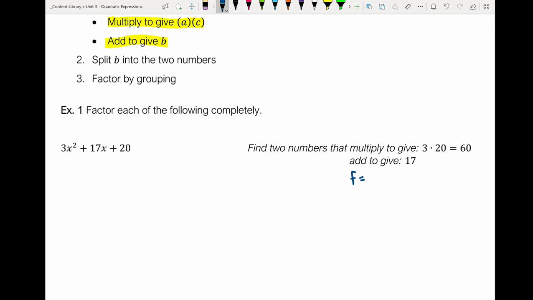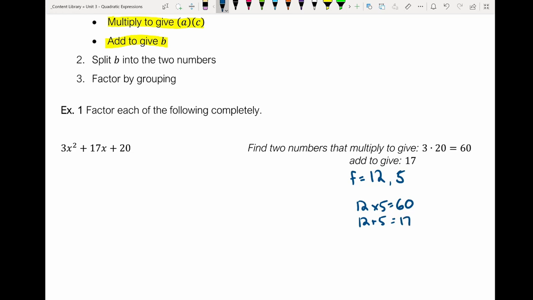In this case, this is going to be a little bit harder because we have to think of some larger numbers. But what we should find is that our two numbers that work are 12 and 5. The reason is that 12 times 5 equals 60, and 12 plus 5 equals 17.